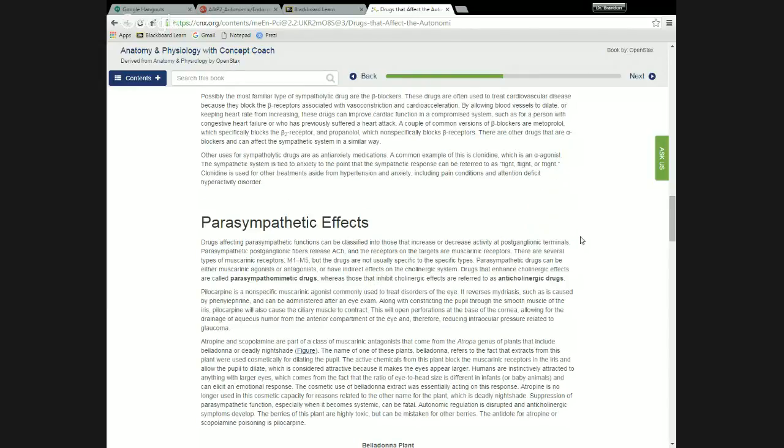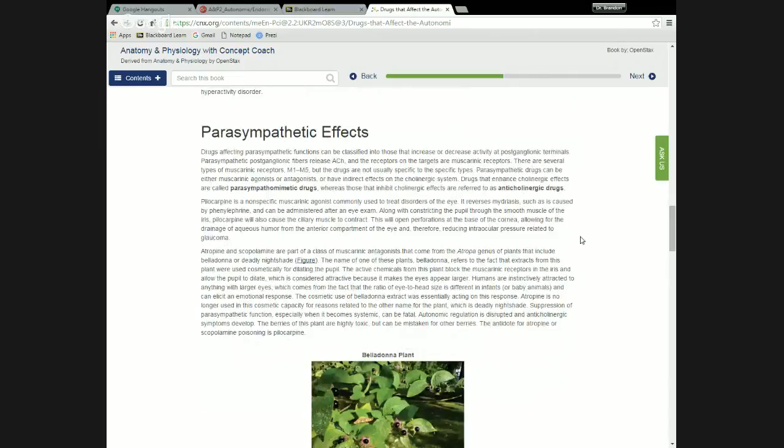Oh, that's interesting. Okay. That whole belladonna thing I was just telling you about in sympathomimetic drugs in the book is actually here, which makes me think that I was completely wrong about that. I could swear that was atropine. Okay, let's not get bogged down with that.